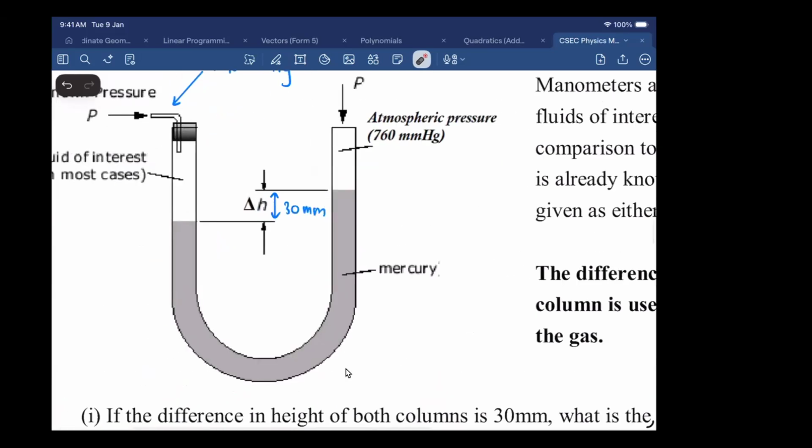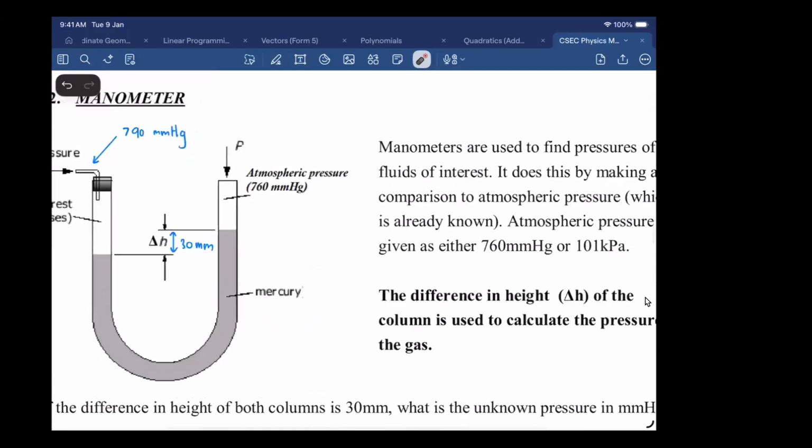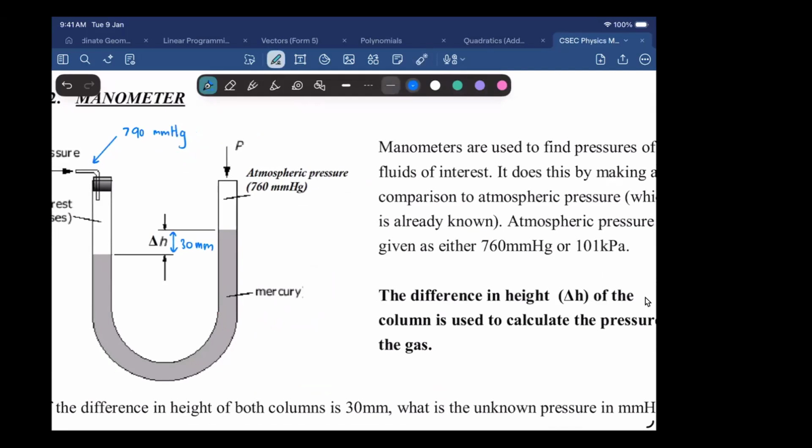And what if I ask you the pressure difference in kilopascals? How would you do that? Remind me, what does 760 mmHg mean in kilopascals? That means 101 kilopascals. All right.